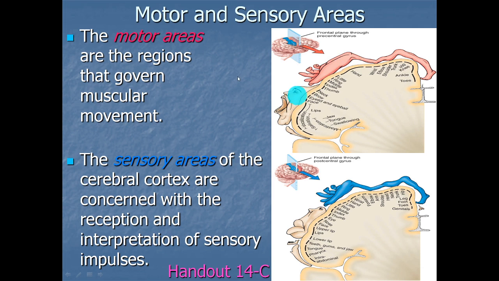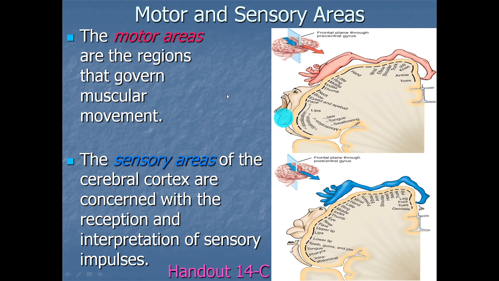Then it says your mouth and face, neck, eyebrows, eyelids, face, with vocalization, salivation, mastication, swallowing, tongue movements, jaw movements, lip movements. That's all on the side of your precentral gyrus.